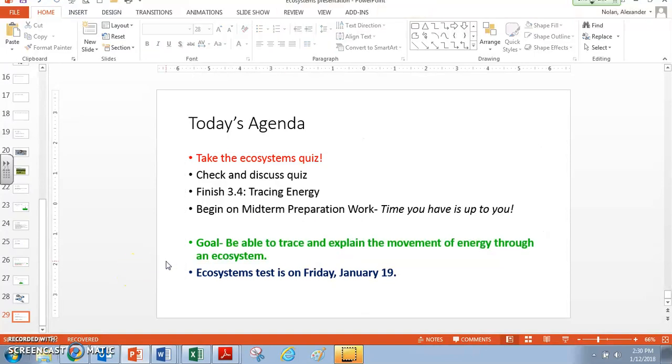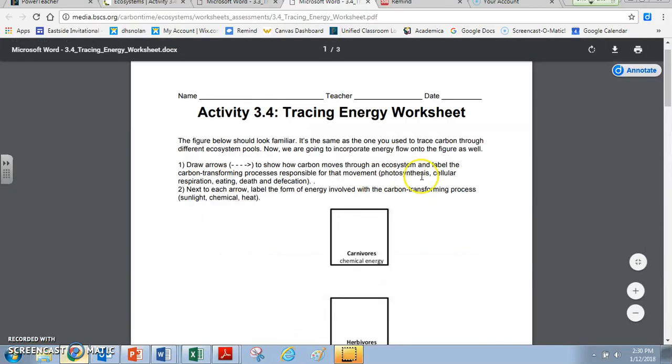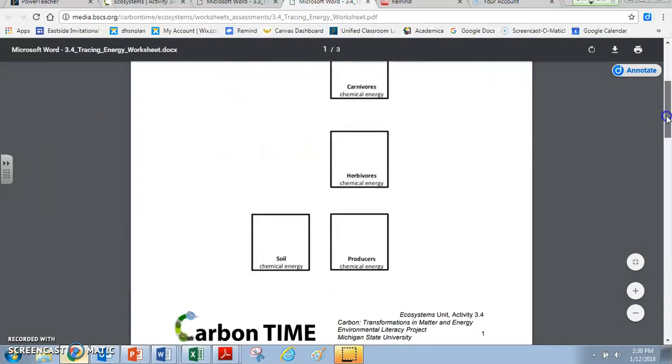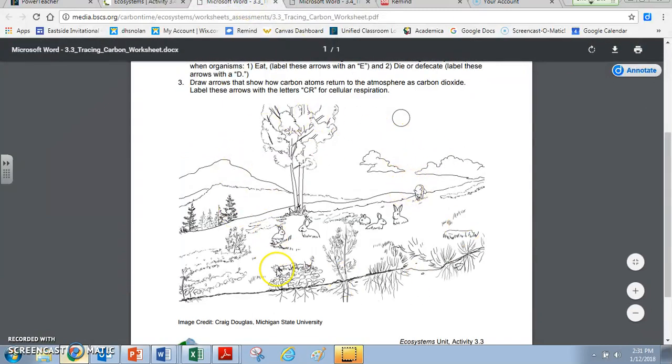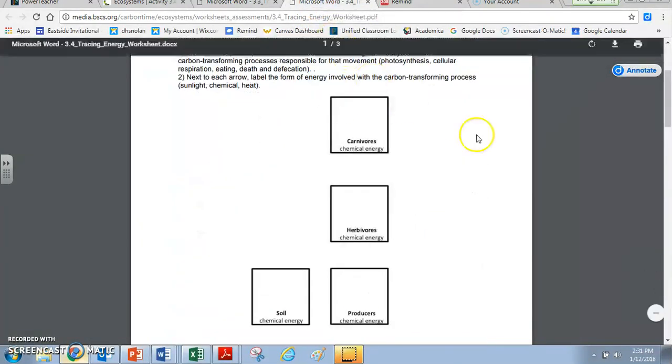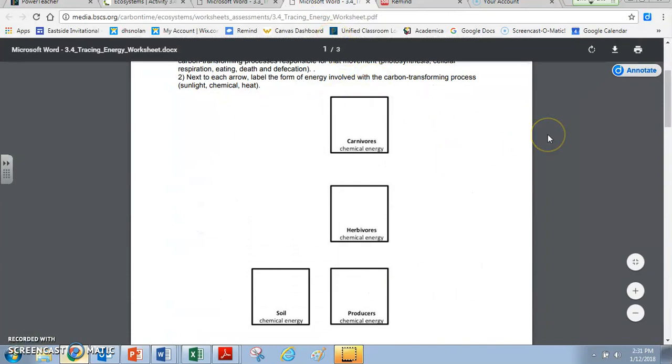So to do that, I have a nifty little diagram here that we can look at in order to make sense of this. What we saw in the previous video was this one, where we saw this ecosystem and we looked at the movement of all the carbon through this ecosystem. But today what we're going to look at is this diagram. This diagram is a little bit different.